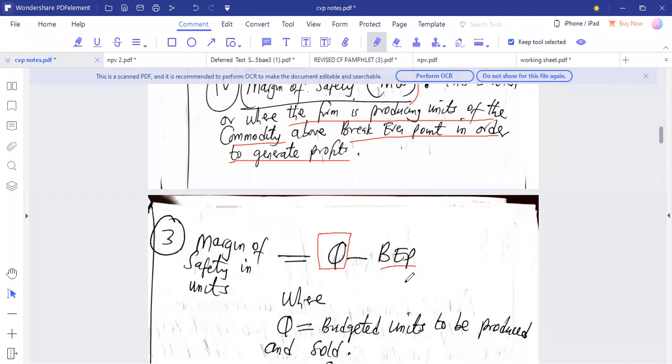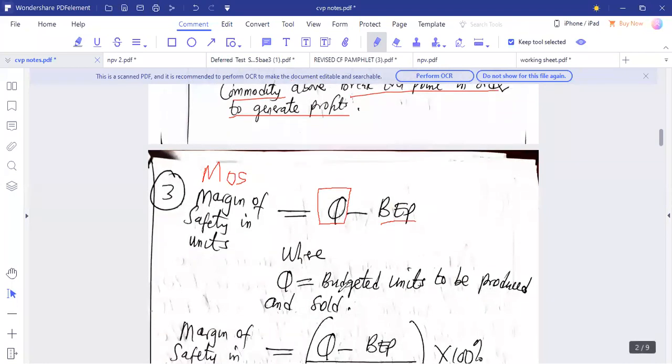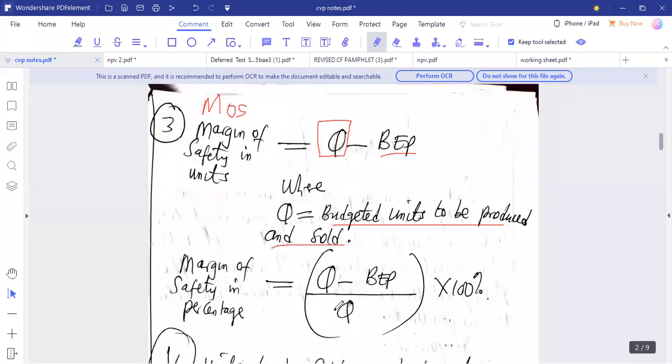So margin of safety, which is MOS, is simply equal to Q minus the BEP, where Q is the variable units to be produced and sold.